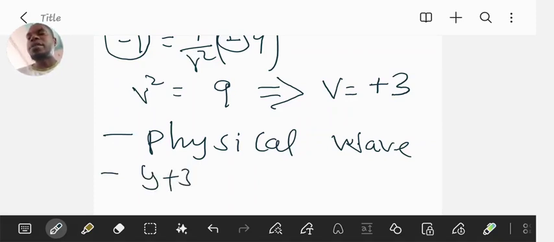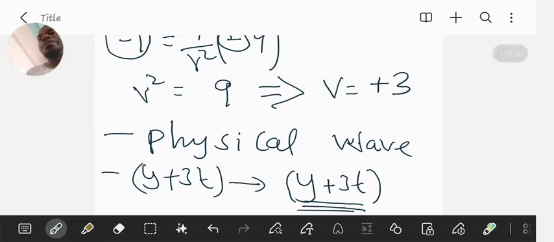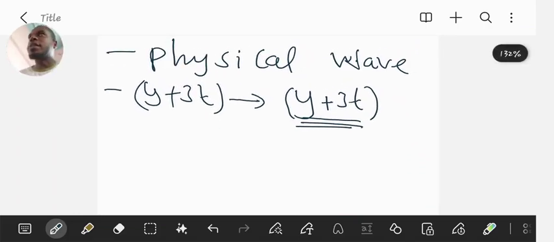The other part that we are supposed to answer is in which direction it travels. Because the function is y + 3t, it is traveling towards the negative y direction. So it's traveling towards the negative y. That is the direction. In line with this, you say it's traveling in the negative y direction with a velocity of 3 meters per second.